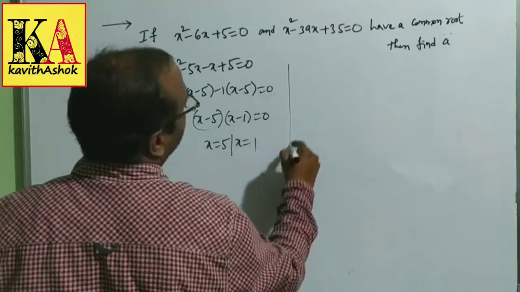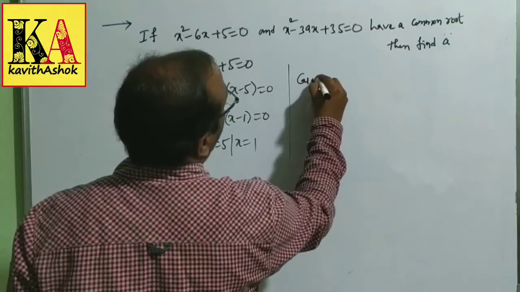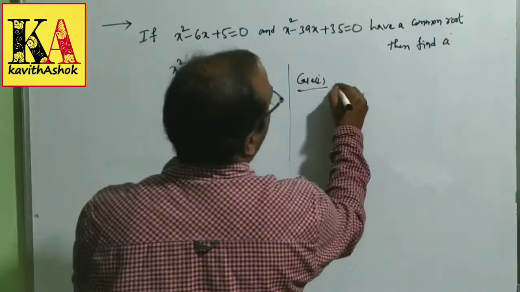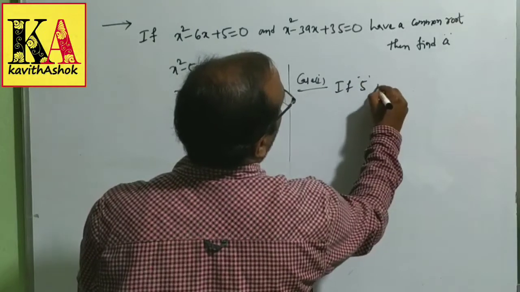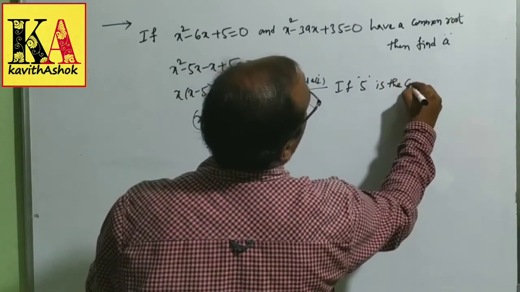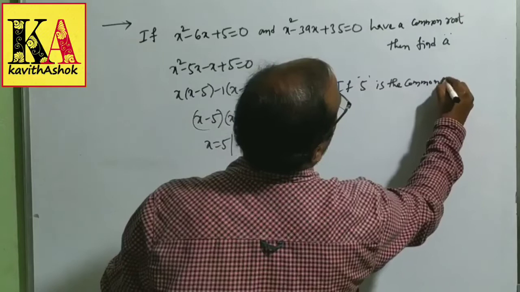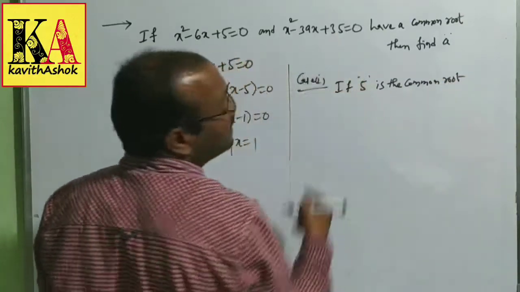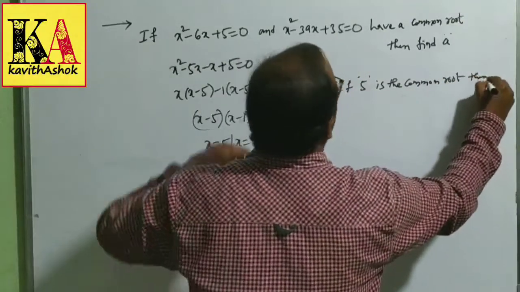Okay, right. Case 1. If 5 is a common root, then it must satisfy the second equation.